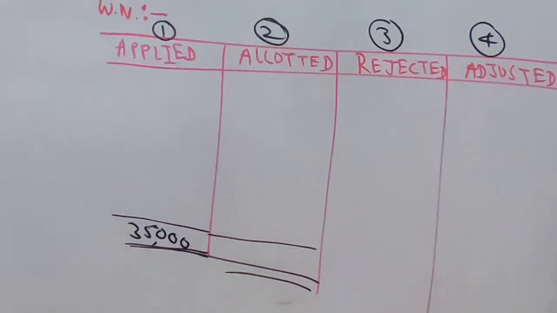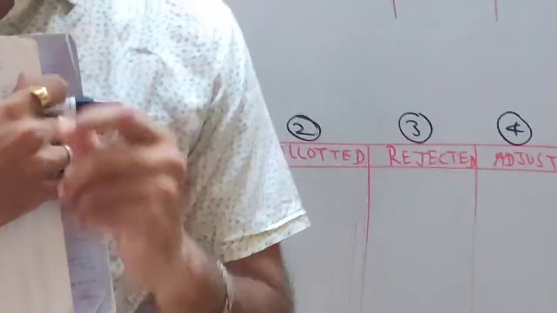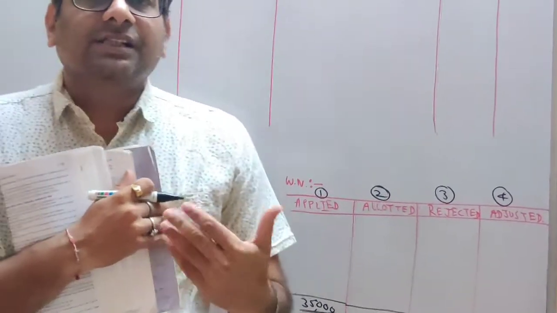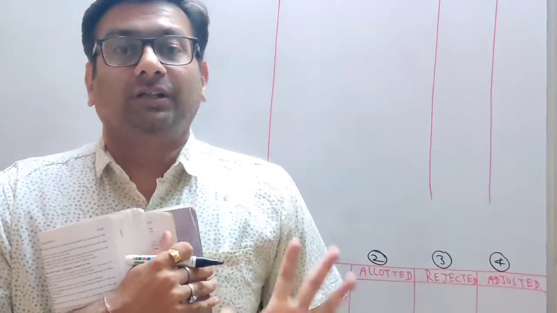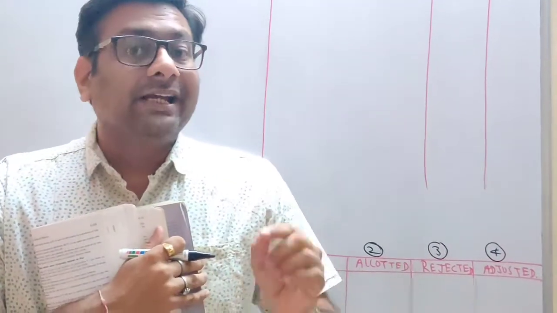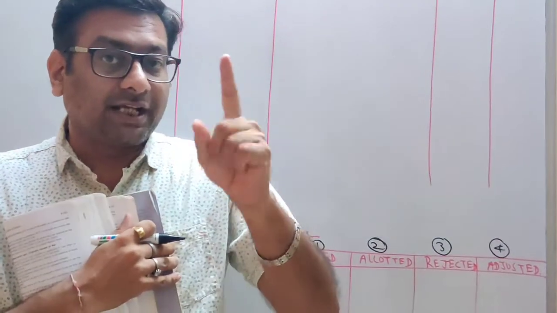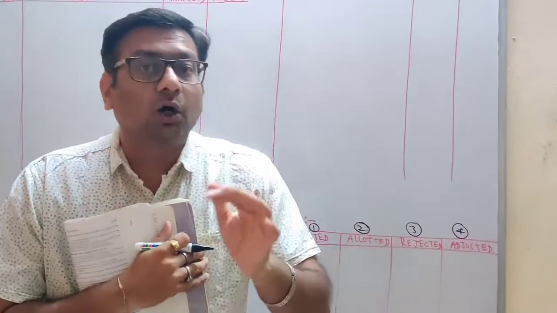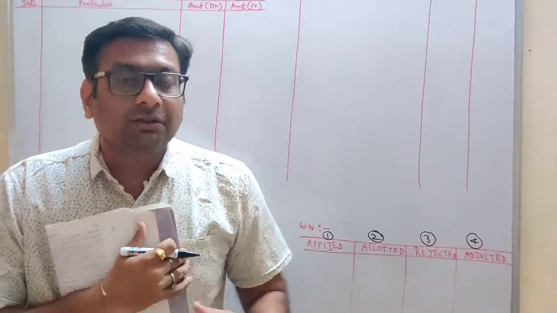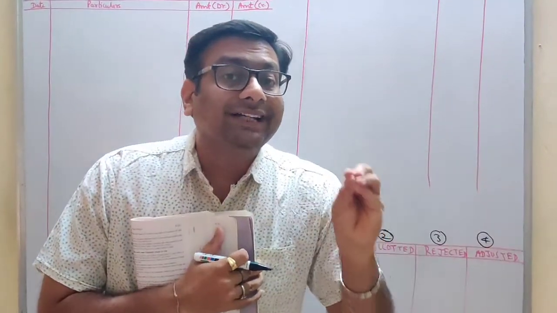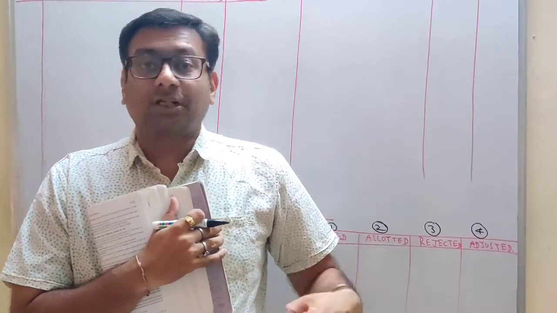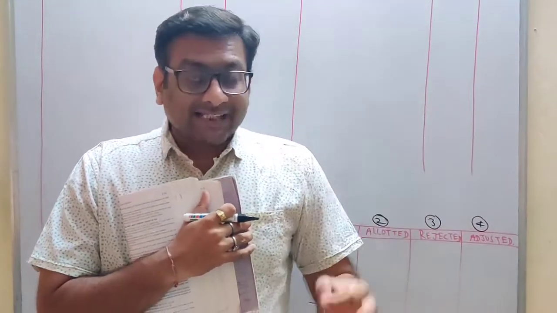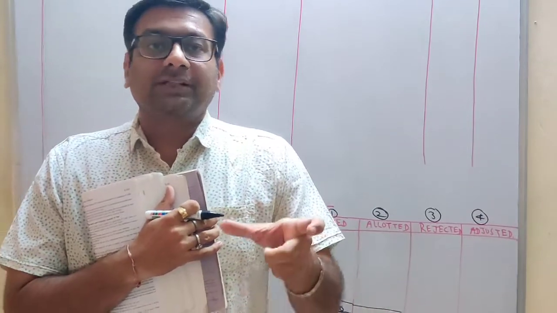Now allotted. Now there is one simple rule, students, here. How many shares can the company allot? Maximum equal to the offer. The company can't give even one extra share over and above the offer. So in this question, the company has offered 20,000 shares. So this is the maximum allotment which the company can give as per the Companies Act 2013.